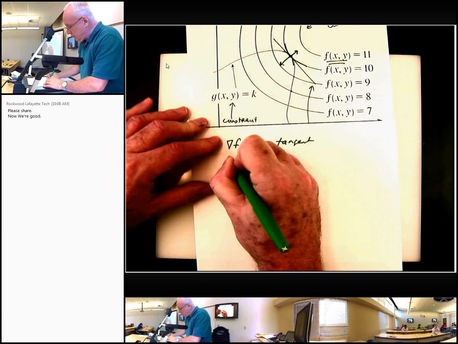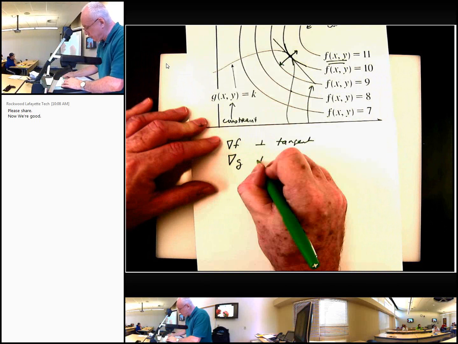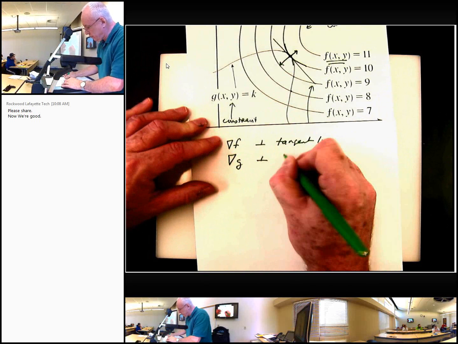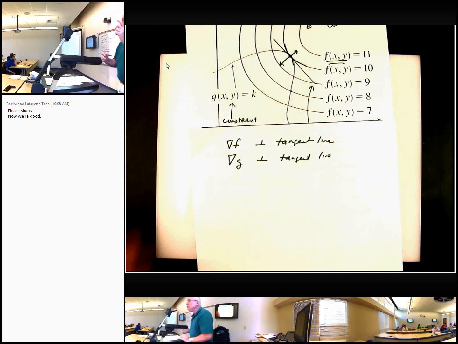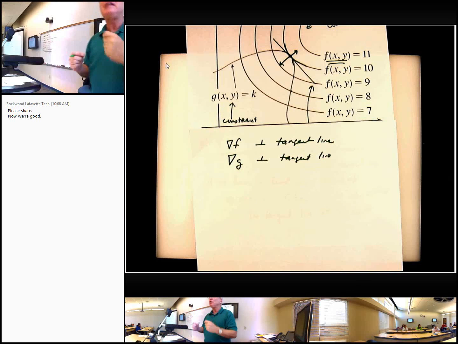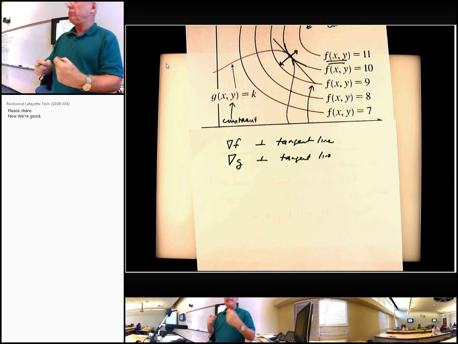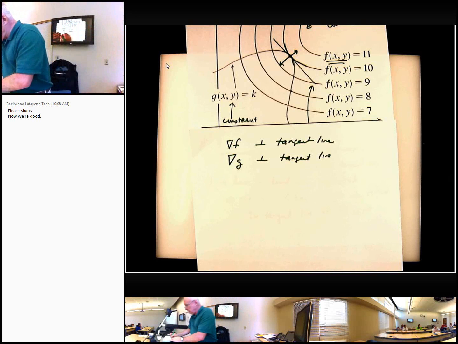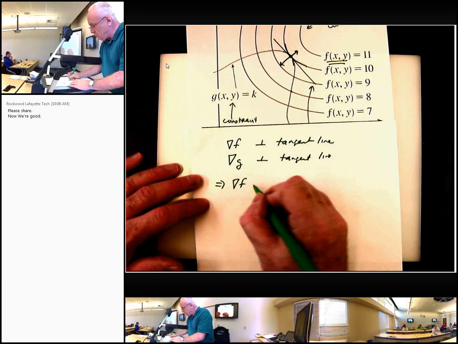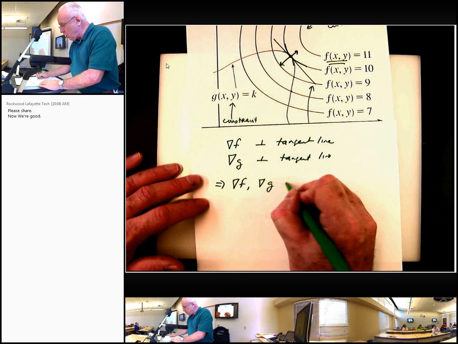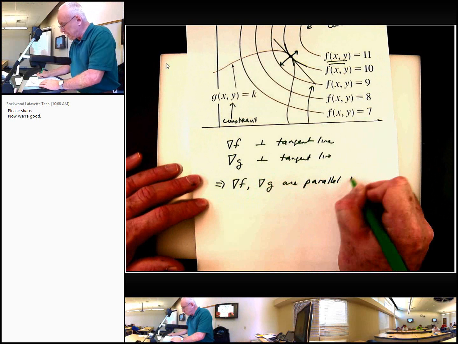The gradient of my g function is also perpendicular to the tangent line. So since they're both perpendicular to the same line, they're going to be parallel to each other. Therefore, the gradient of the f function and the gradient of the g function are parallel to each other.